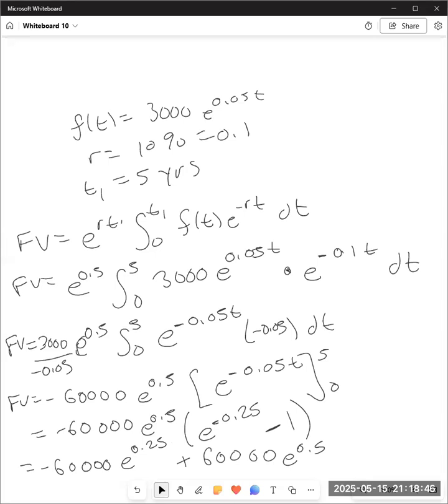So negative 60,000 e to the 0.25 plus 60,000 e to the 0.5 gives me 21,881.75.